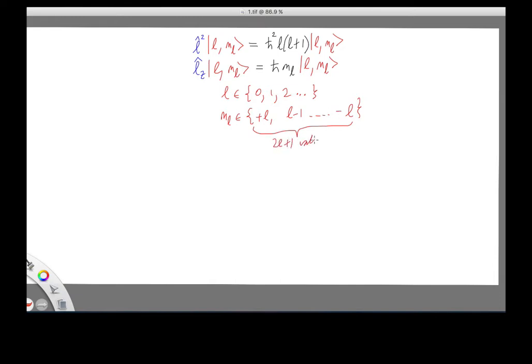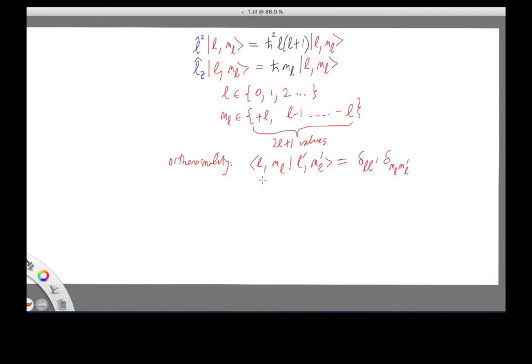And we've also seen that the sets of eigenfunctions ket L ml are orthonormal, which we can write using Dirac notation, that the bracket between two states with different values of either L or ml is 0.